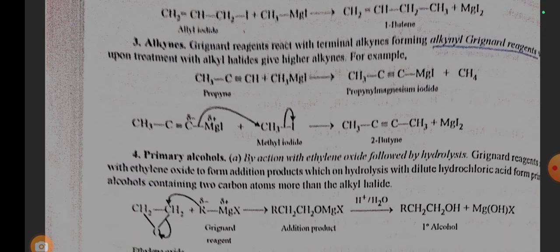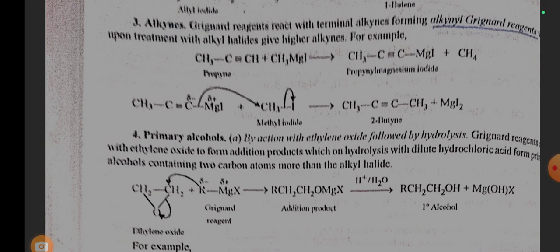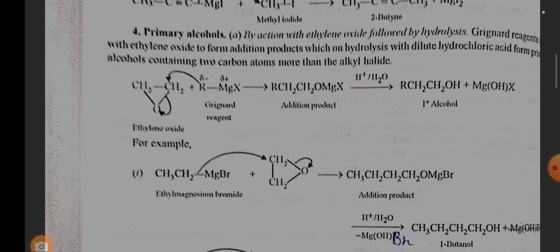Alkynes. Grignard reagents react with terminal alkynes forming alkynyl Grignard reagents, which upon treatment with alkyl halide give higher alkynes. For example, CH3C≡CH, that is propyne, + CH3MgI gives propynyl magnesium iodide + CH4.